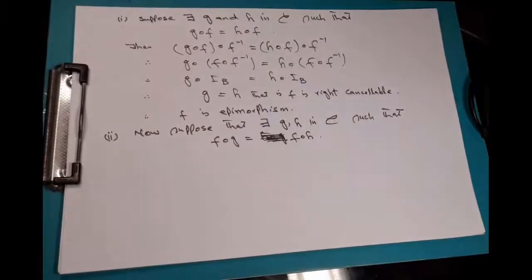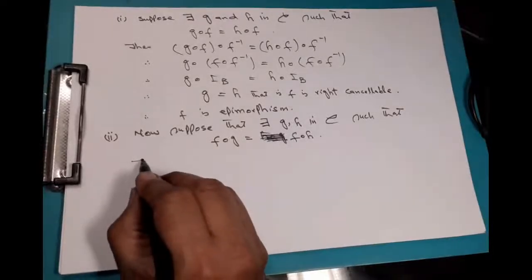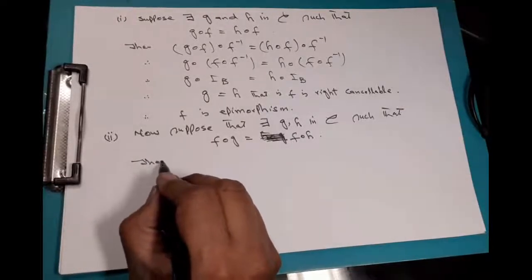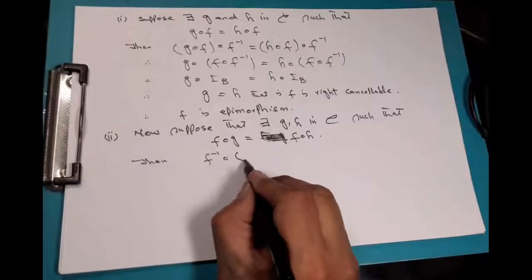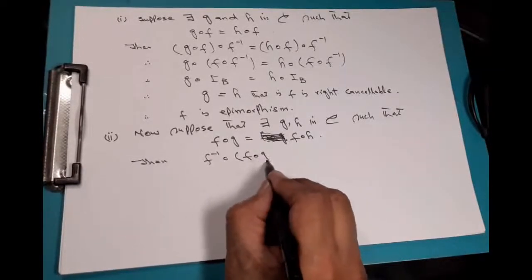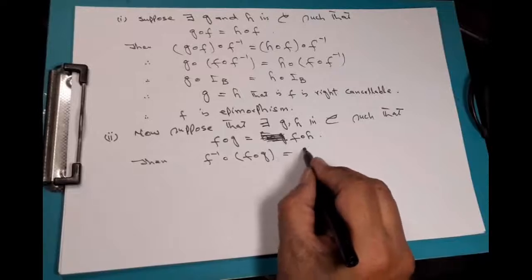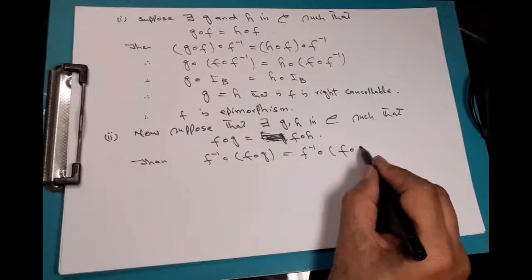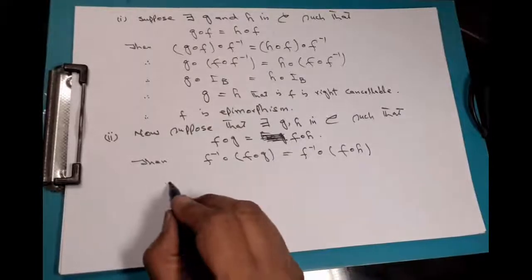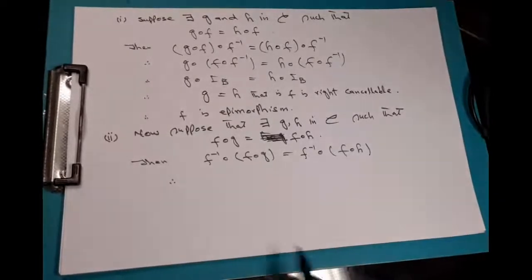So suppose there exist morphisms G and H in C such that F circle G is equal to F circle H, then compose on both sides with F inverse. Then F inverse composed with F circle G is equal to F inverse composed with F circle H. Then use the associative law.